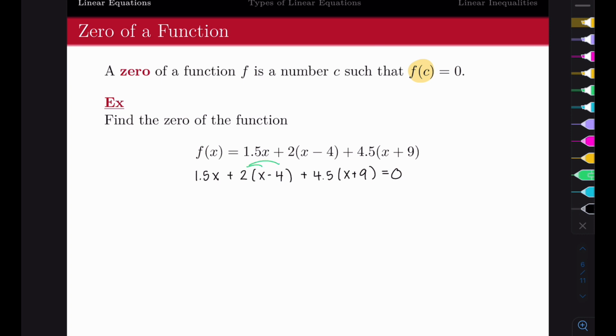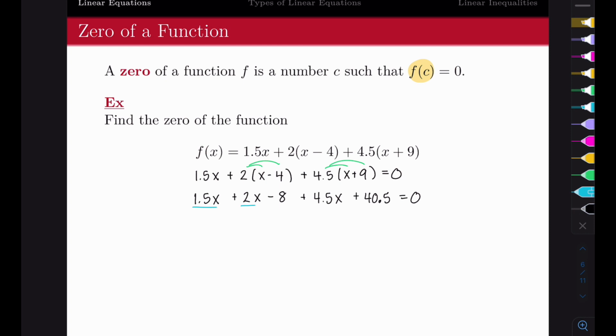Get rid of your parentheses by distributing those constants. This gives us 1.5x. We distribute the 2, it's 2x minus 8. And if we distribute the 4.5, it's 4.5x. If you do 4.5 times 9, it will give you 40.5. And that needs to equal 0.